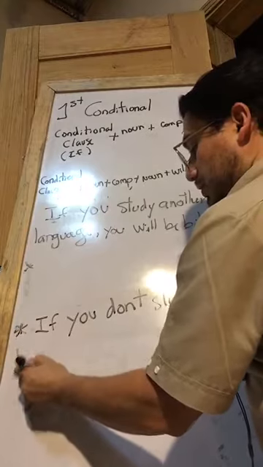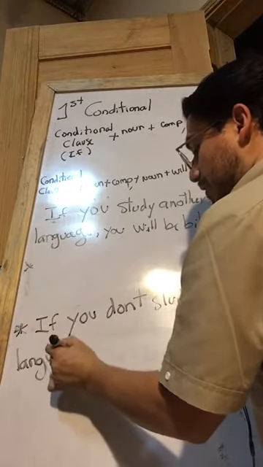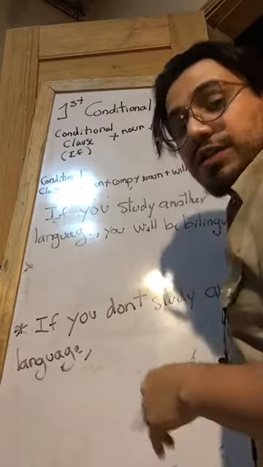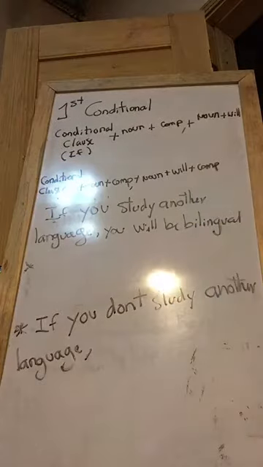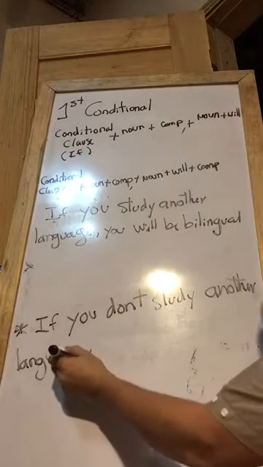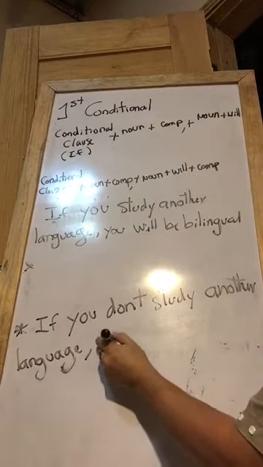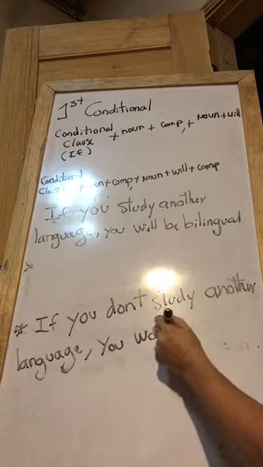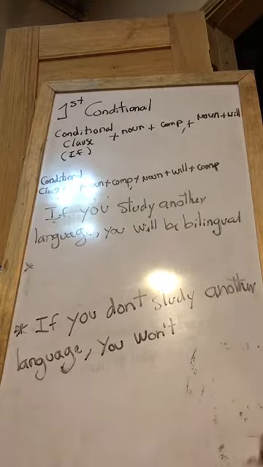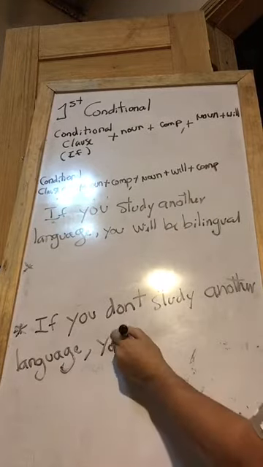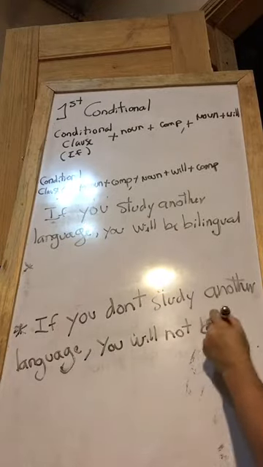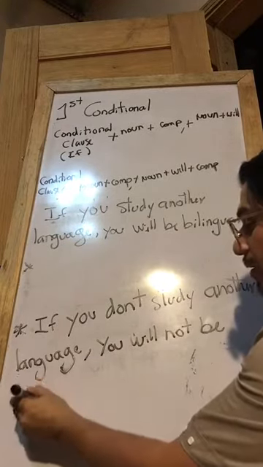Now again, because we're taking the first clause into negative, the second clause also should be negative. So if you don't study another language, you won't, which is the contraction of will not, or you can write will not be bilingual.